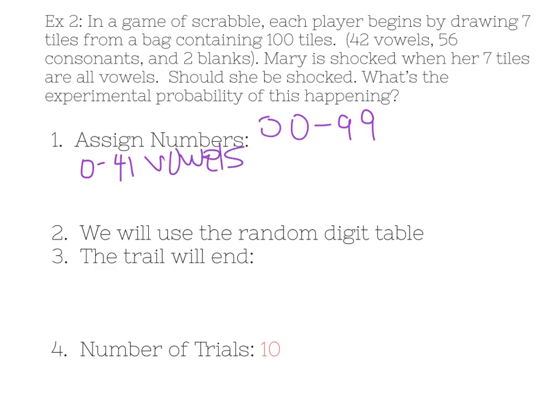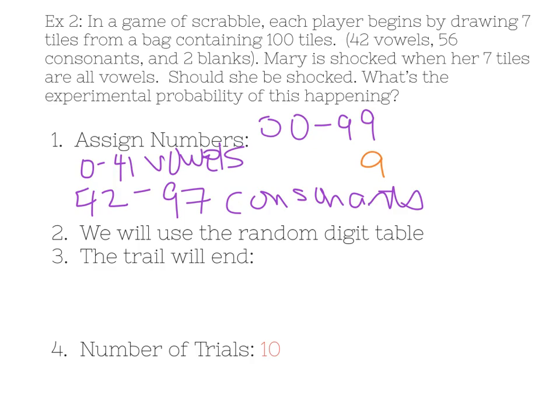That's my vowels. And then 42 to 97 is going to be my consonants. And then my 98 and my 99 are going to be my blanks.